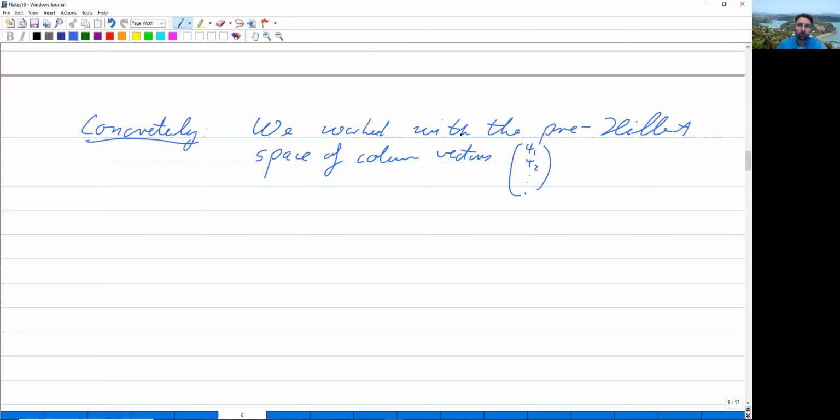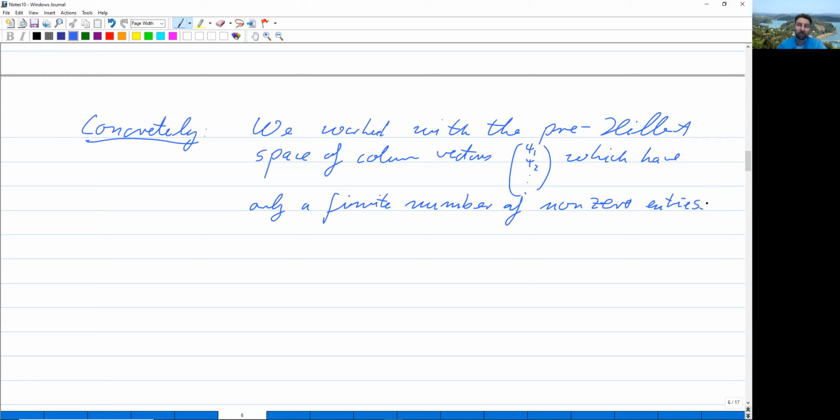So we worked with the pre-Hilbert space of column vectors which have only a finite number of non-zero entries.